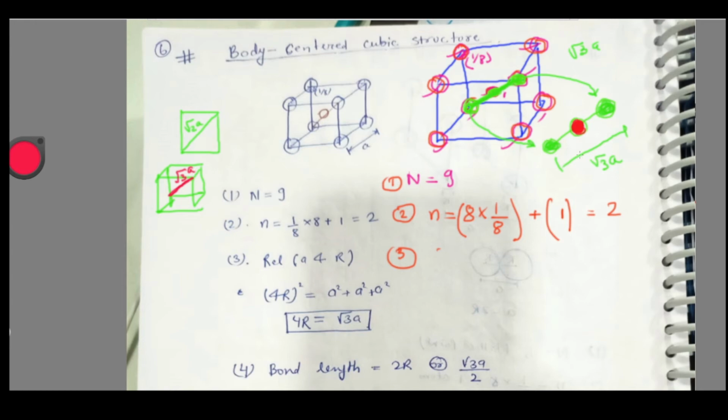So this length is root 3a and all these atoms are touching each other. It's like this. So from here to here is 1 radius, here to here 1 radius, and here the whole atom is present, so it is 2r.